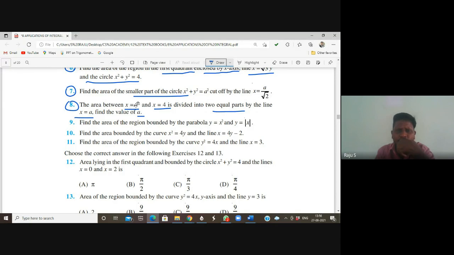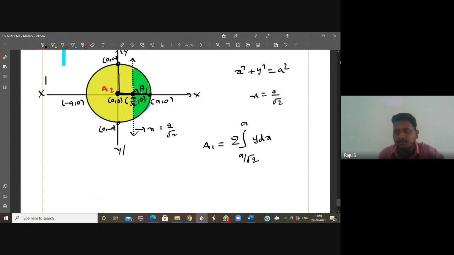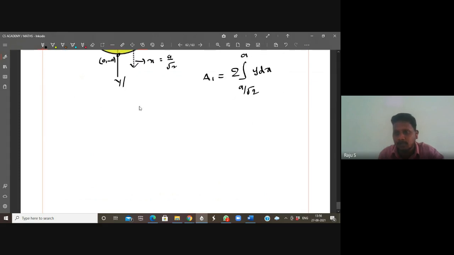So x is equal to y square is the parabola, and x is equal to 4 is a line. Both the parabola and the line are divided into 2 equal parts by the line x is equal to a. Here the given parabola y square is equal to x belongs to the x-axis.